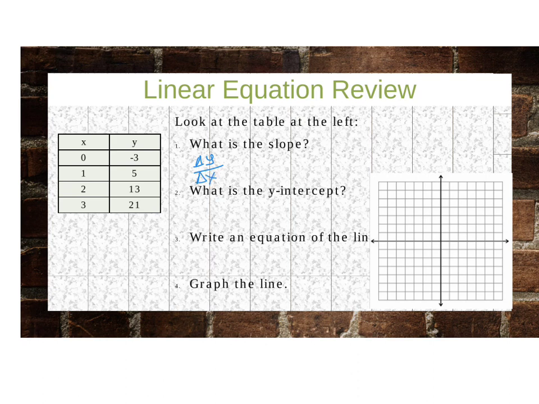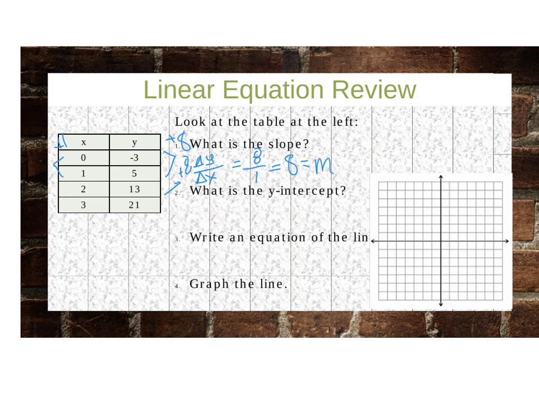If you look at this table, the difference between -3 and 5 is 8. Between 5 and 13 is also 8. So, our change in y is 8. And we look over here at x, and it's 1. 1 to 2, 2 to 3. So 8 over 1, or 8, is our slope, or m.